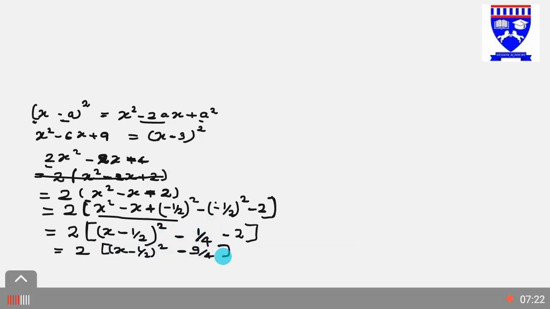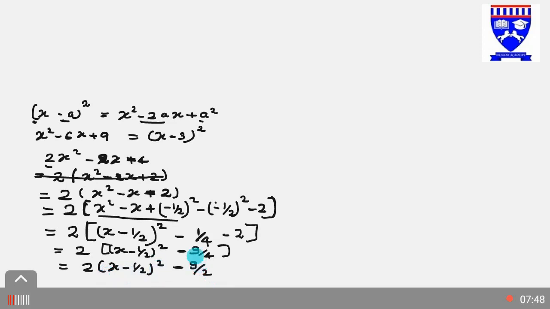So now I'm going to multiply everything by 2. 2 (x − half) holding square minus 9 by 2. So now this is what is called the quadratic formula in the squared form. Okay, squared form. Why? This one is a square, so squared form.